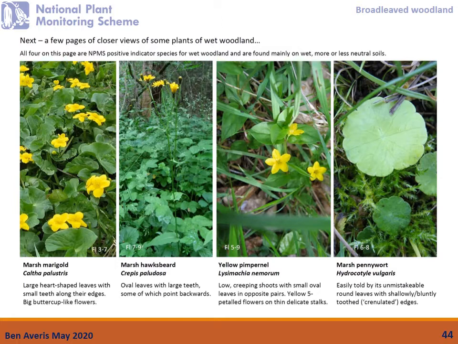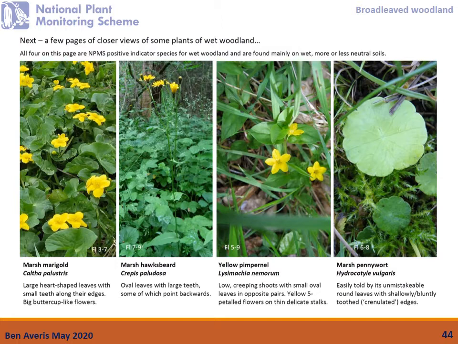Yellow pimpernel is a low creeping plant with leaves in opposite pairs and little yellow flowers. The leaves look a bit like the leaves of chickweed, Stellaria media, which has white flowers though, and chickweed's stems have a line of white hairs running along up one side of them, whereas the yellow pimpernel is hairless.